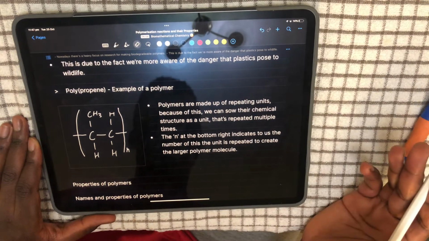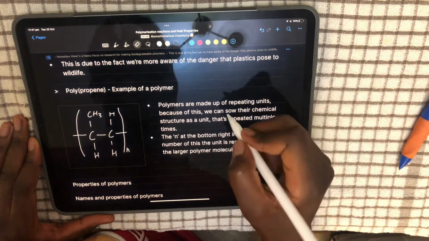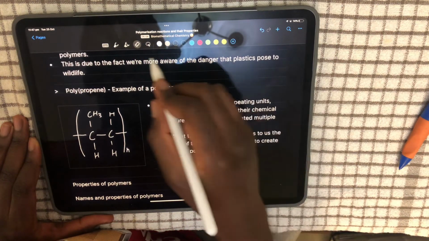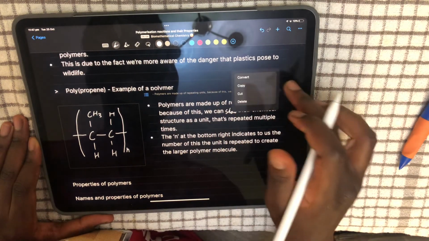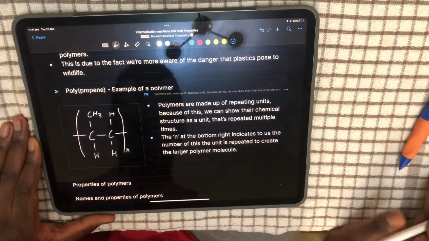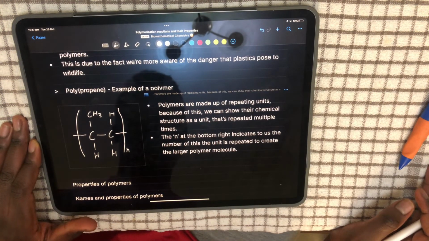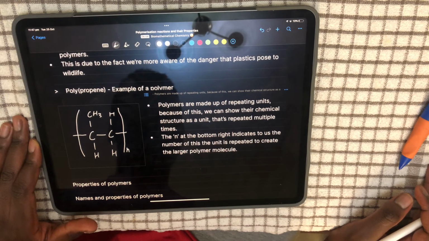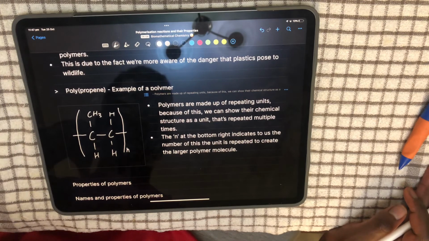So the polymers are made up of repeating units. Because of this, we can show their chemical structure as a unit, and that's repeated multiple times. The n at the bottom right indicates the number of units that is repeated to create the larger polymer molecule.